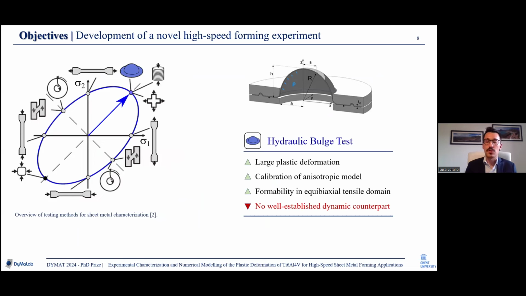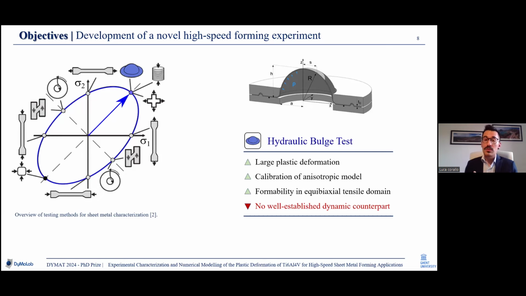The hydraulic bulge test also allows us to characterize the material behavior up to large levels of plastic strain compared to the classical tensile test, and also allows us to identify the material response in a very interesting domain for both formability and plasticity, which is the equibiaxial tensile one.